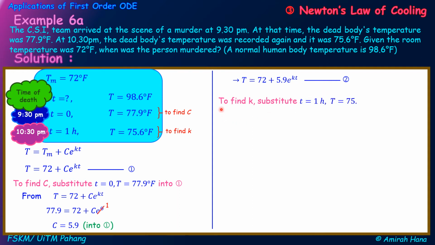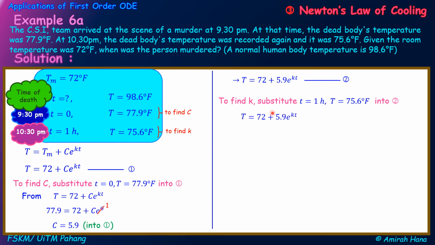Then to find K, we substitute T = 1 hour, temperature = 75.6 degrees Fahrenheit into the latest equation, equation 2. Equation 1 and equation 2 are the same equation, but in equation 1 we don't know the value of C, and in equation 2, we have substituted the value of C.